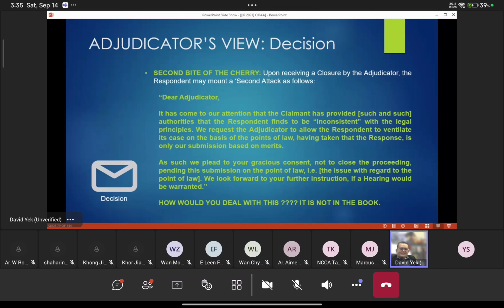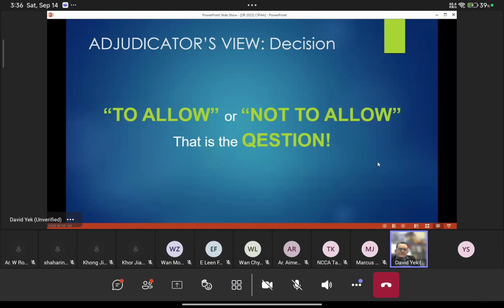So if you are the adjudicator, suddenly you are caught with this kind of thing, which is not in this book. It's a special request like that. Will you entertain it, or rather, how will you deal with this? These are the things that you are not being taught, but this thing happens in reality. Okay? So the question is to allow or not to allow. That is the question that the adjudicator has to think about.